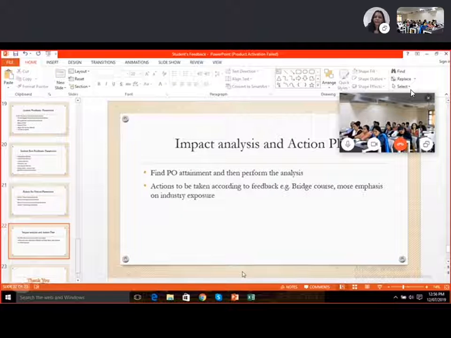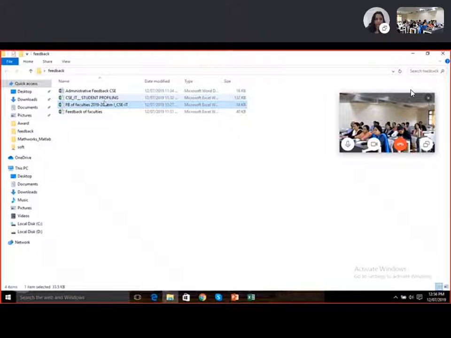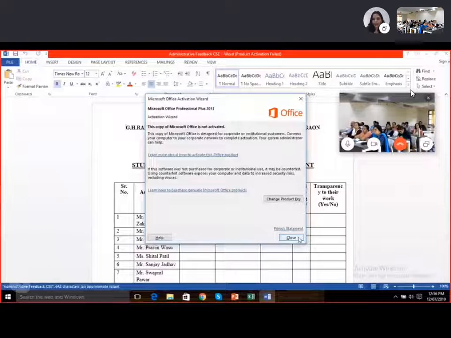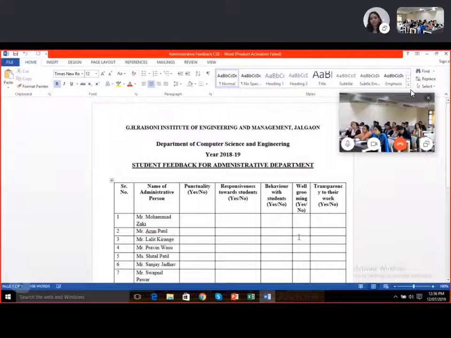So what is the impact analysis? Before that, I will share one more thing. We used to have the academic feedback, but it is necessary to collect the administrative feedback from students. Students are not dealing with only the academicians in the college, they are also dealing with the scholarship section, the exam section, and many other things.